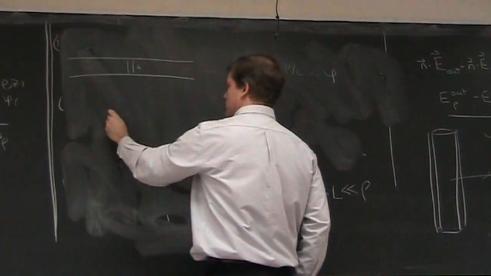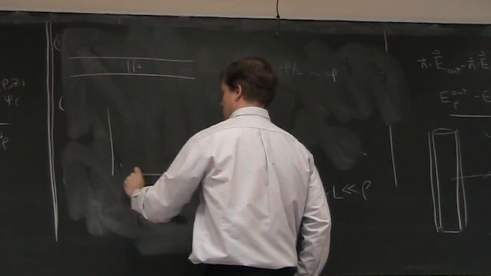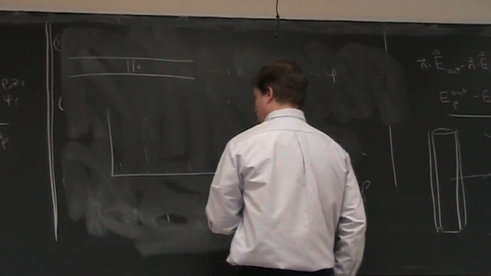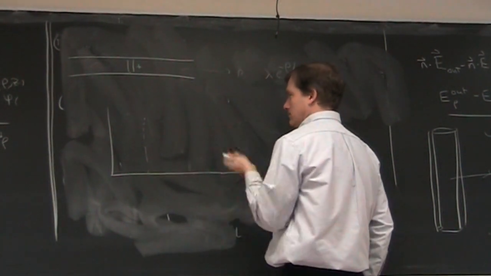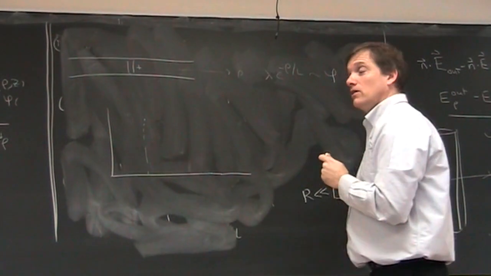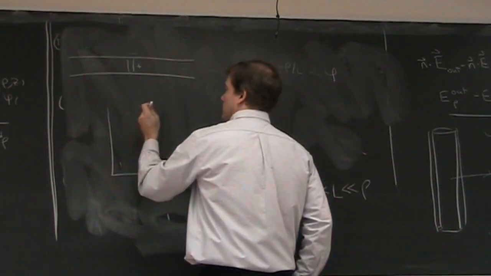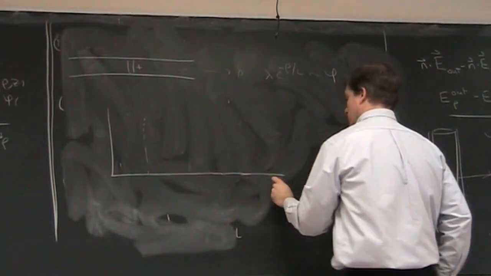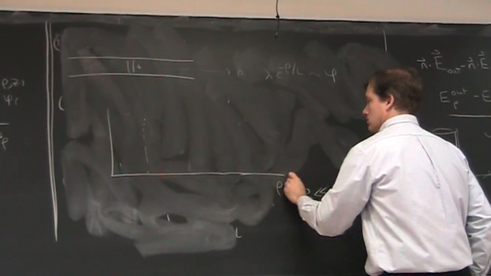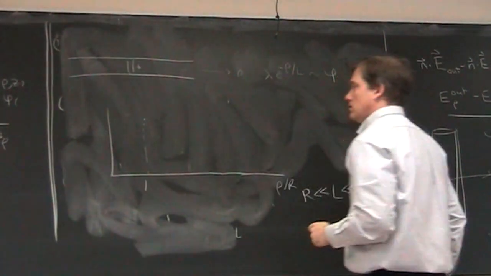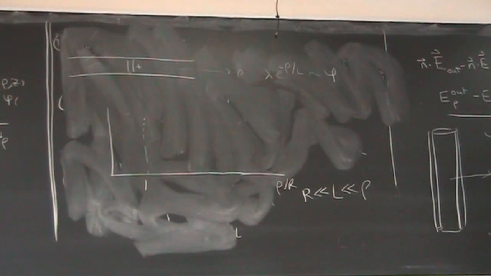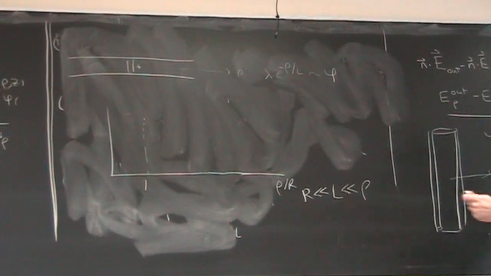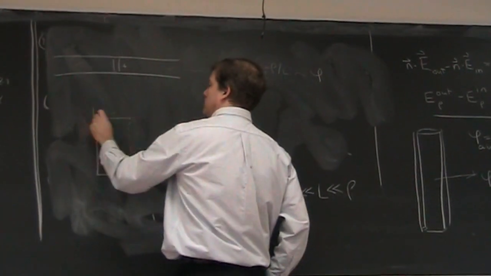So the overall picture would somehow look like this. You would expect, based on pure thinking, almost no physics, something like this. Inside the cylinder, so this would be rho over r, this is one. Inside a cylinder, you have a constant potential.